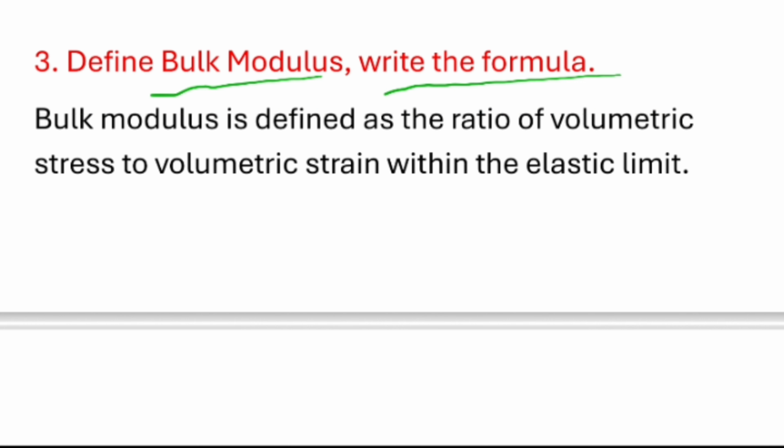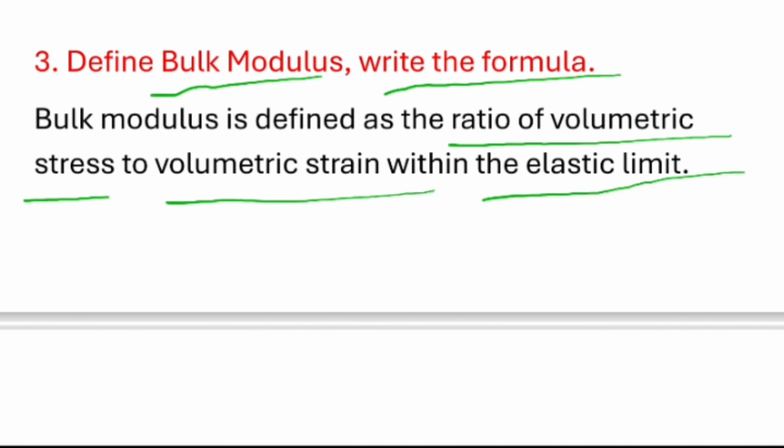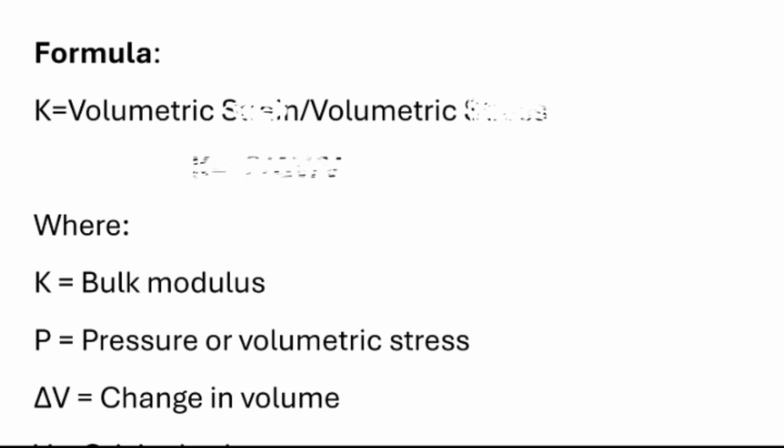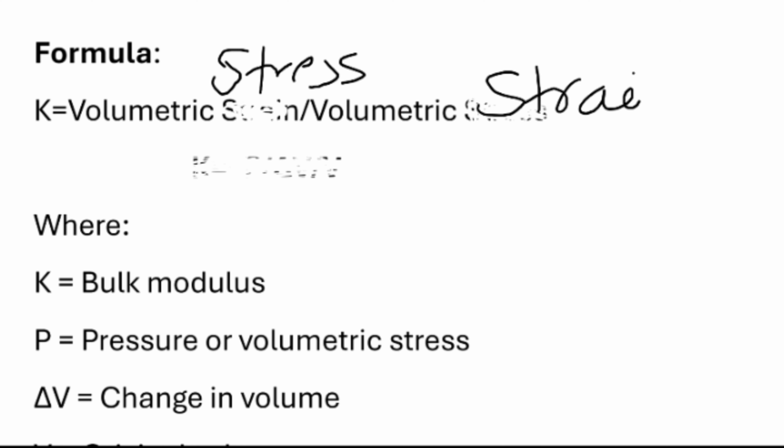Next is: define bulk modulus and write the formula. The bulk modulus is defined as the ratio of volumetric stress to volumetric strain within the elastic limit. Coming to the formula, this is the stress and this is the strain.